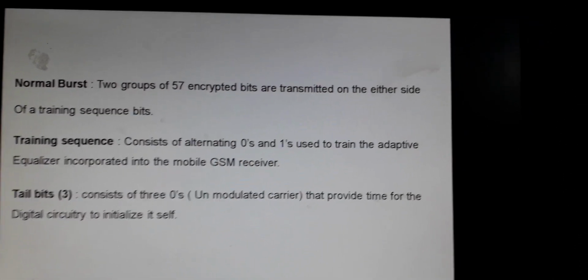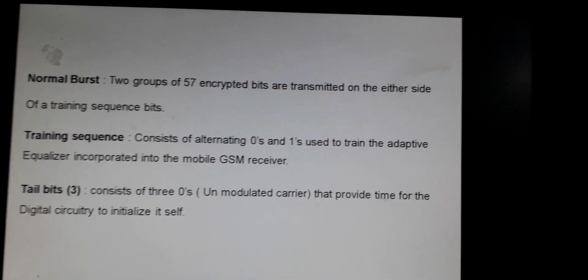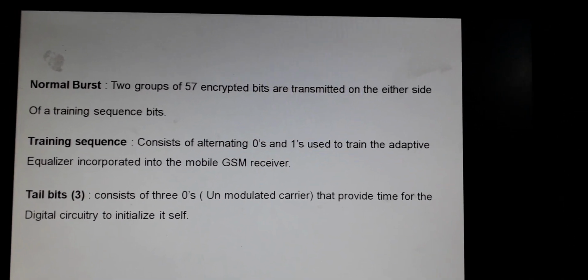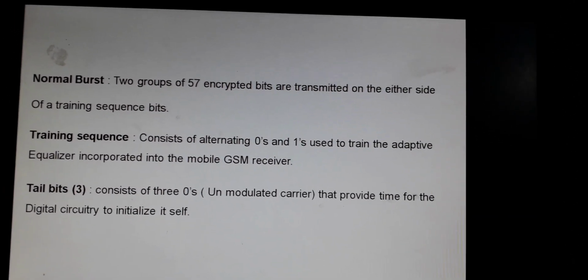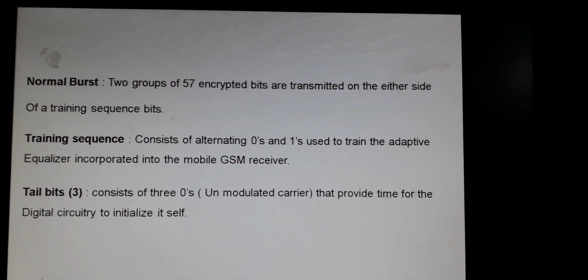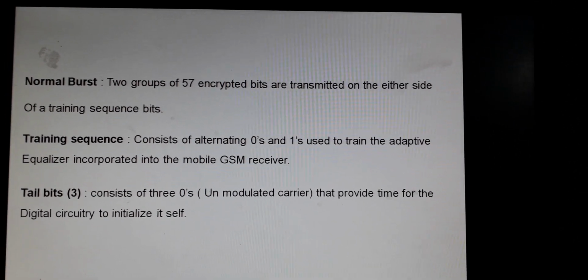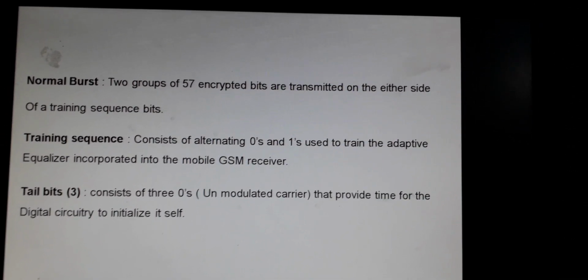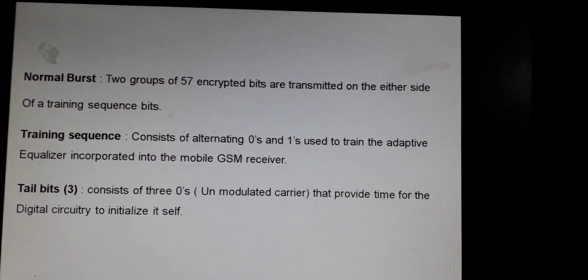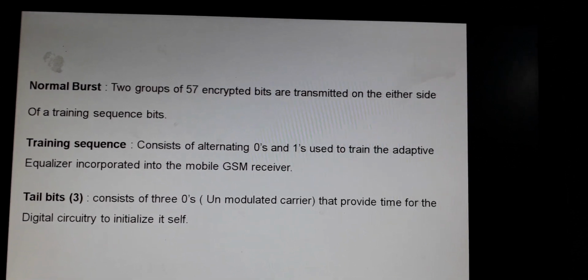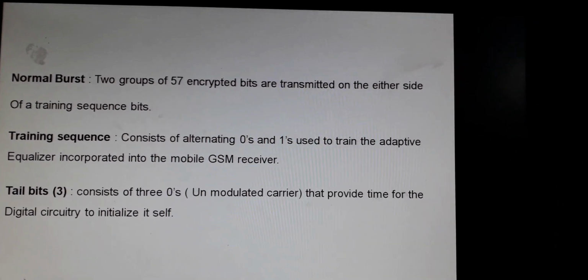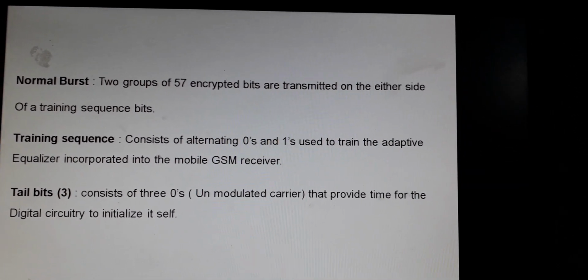That means, as you know about fuzzy logic, in fuzzy logic a training sequence is used to tune the network such that it can transfer the data properly. Here also the training sequence, which consists of a number of zeros and ones, is used to get the adaptation of the equalizer.